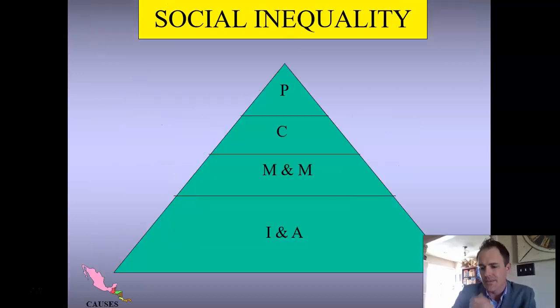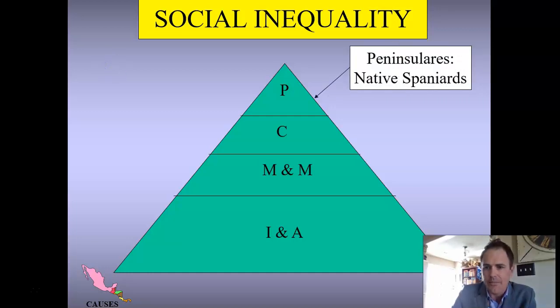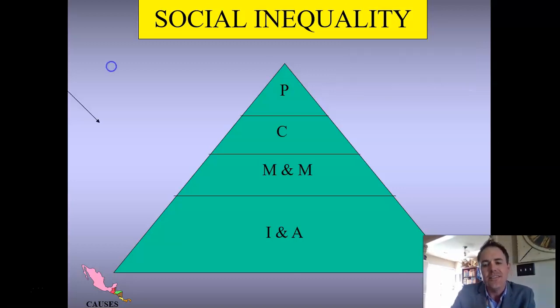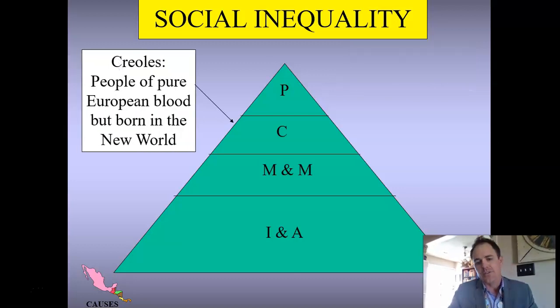All right, another key problem in Latin America is social inequality. Remember, there is a rigid social hierarchy that is dominated by those native Spaniards or the peninsulares. They're at the top. Underneath them are Creoles. Now, to people below these two groups, they looked kind of the same, right? They're rich white people.